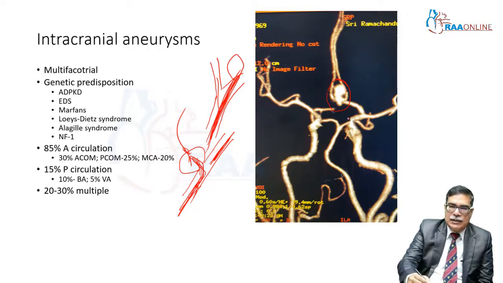So, here you can see that this is the ICA, and then this ICA bifurcates, this is the MCA, and this is the ACA. So, this ACA communicates with the opposite side ACA, and that vessel is called the communicating artery.